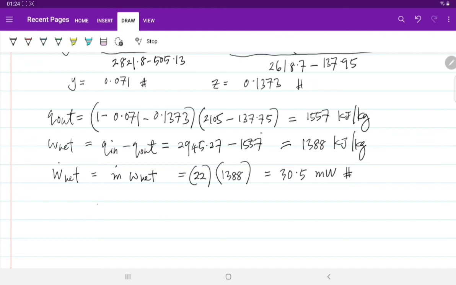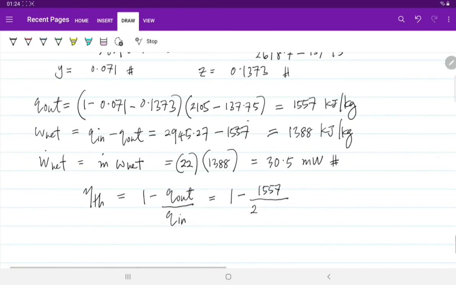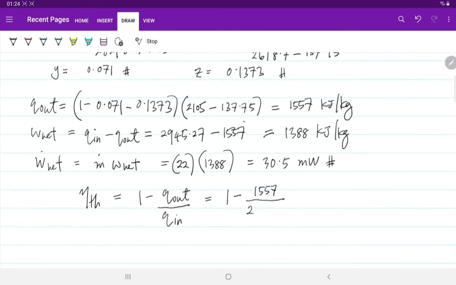And the last one, to find the thermal efficiency, it is simply 1 minus Q out divided by Q in, equals 1 minus Q out 1557 divided by Q in 2945.27.